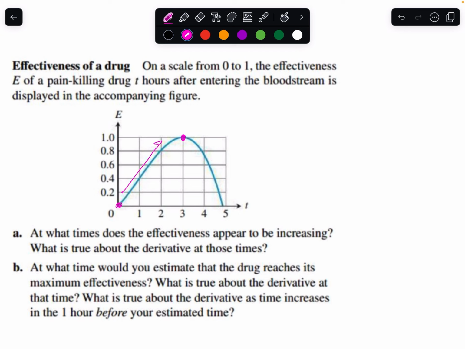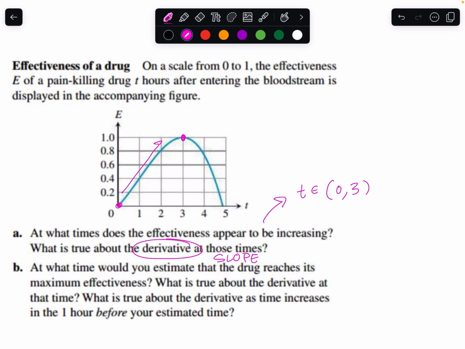And if the derivative is slope, then that might indicate that the effectiveness has a positive slope, or it is increasing.